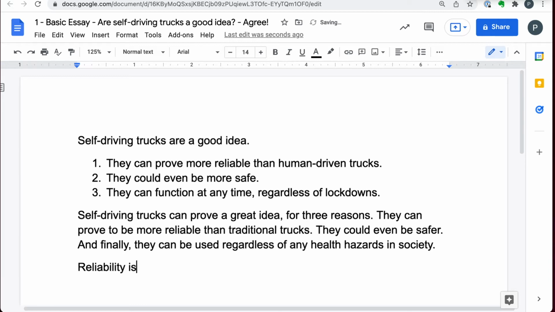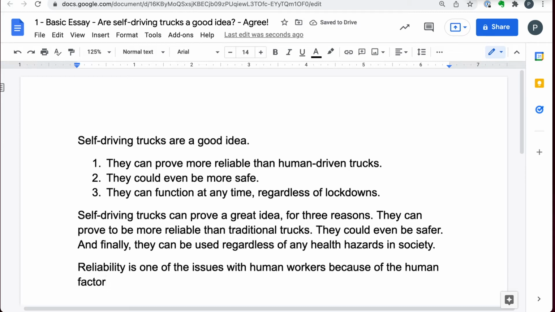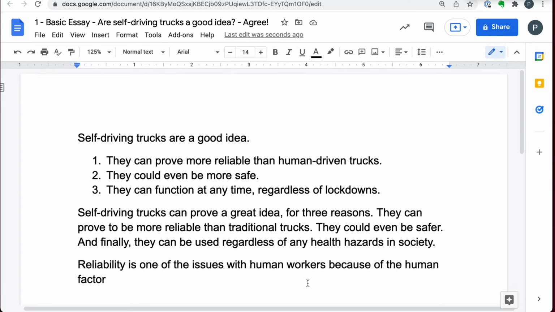Reliability is one of the issues with human workers because of the human factor, right? Meaning people make mistakes, so they may not necessarily be the most reliable. That's why machines are usually more reliable than human beings if something can be automated.